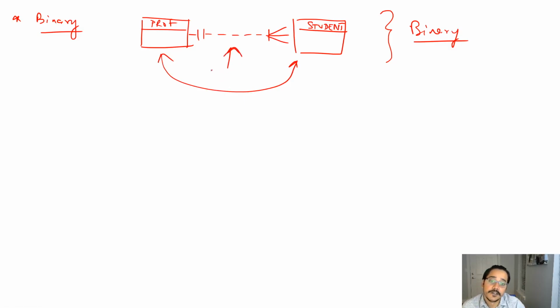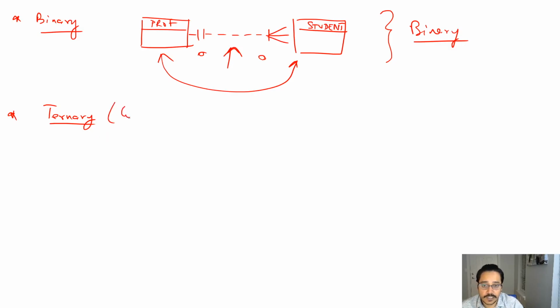Okay, so we can just put this here. And then you have ternary degrees, so that is more than two. So ternary degrees are basically relationships between three entities or more, right?